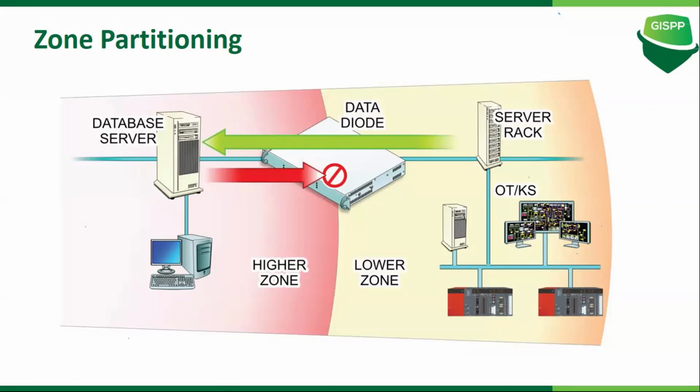It is considered the most valuable asset for the enterprise in the implementation of this ICS, the data diodes. And it also provides a kind of security element to implement this zone partitioning.